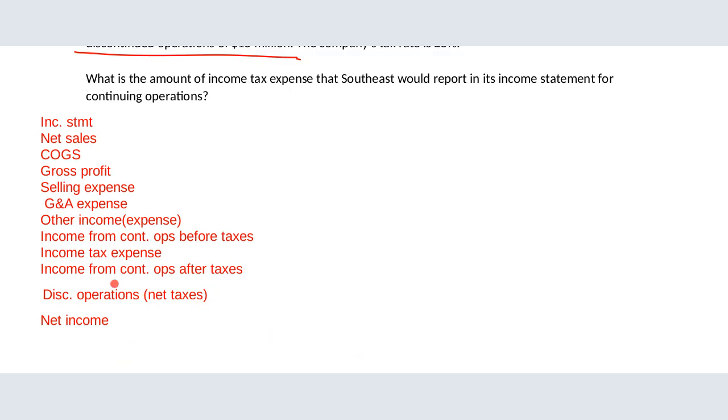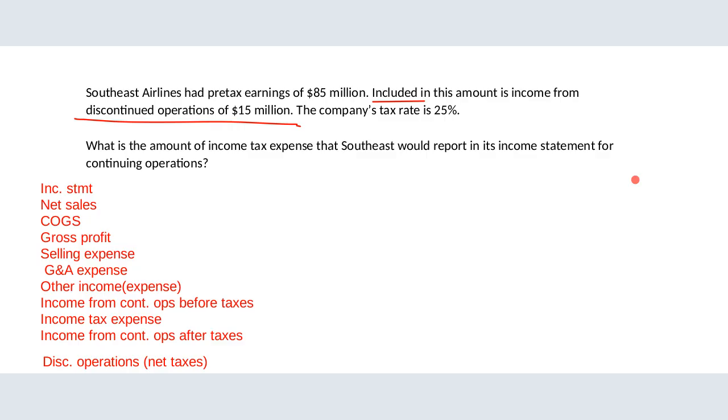So if you recall, we were separating what was continuing operations from discontinued operations, if we had discontinued operations. Since we are already reporting the discontinued operations net of taxes, we need to do the same here. In this case, since they're only asking for continuing operations, we need to break down what's continuing and what is discontinued.